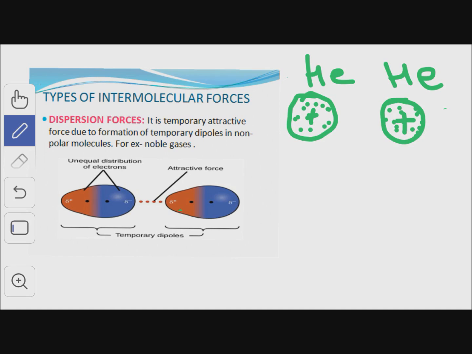When they approach each other, a momentary dipole is developed in one of the helium atoms, and its electron cloud gets distorted like this.